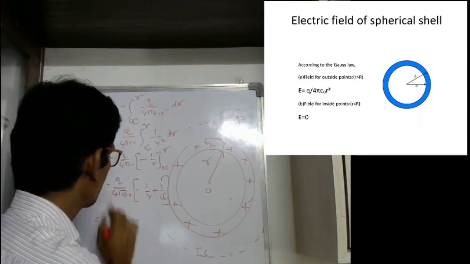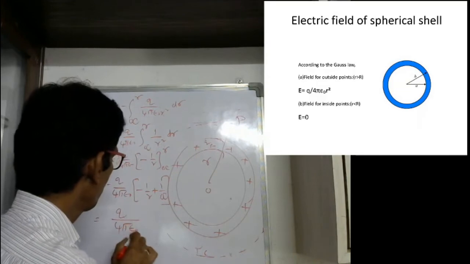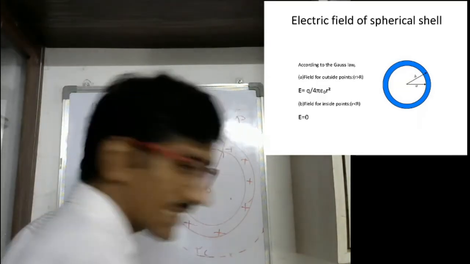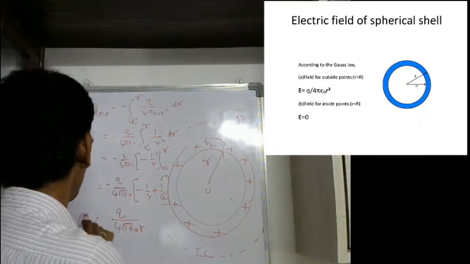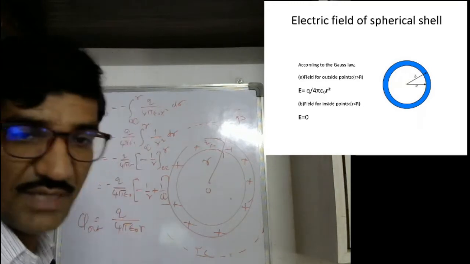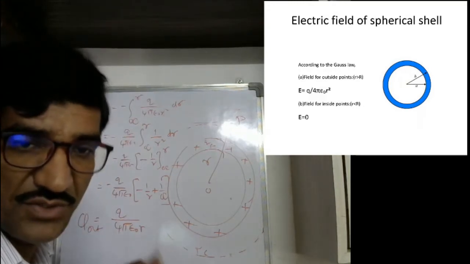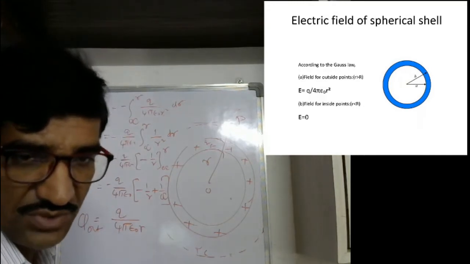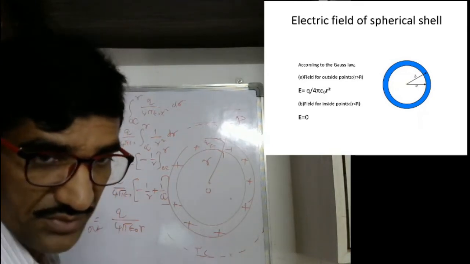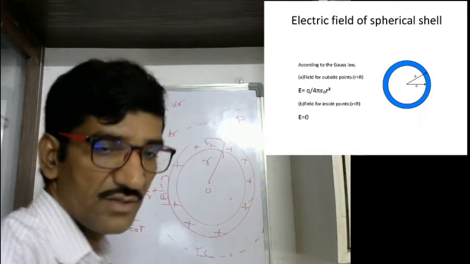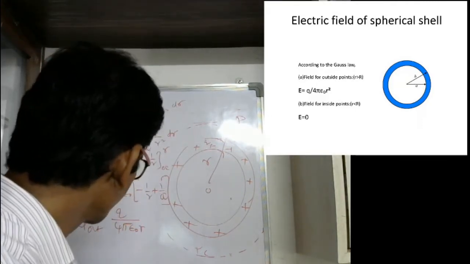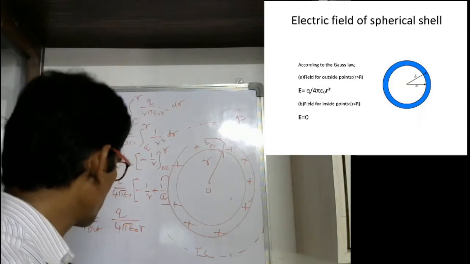Therefore, the expression for the potential at outside points is Q by 4 pi epsilon naught r. It is also a simple Coulomb's law relation. Phi out is equal to Q by 4 pi epsilon naught r.